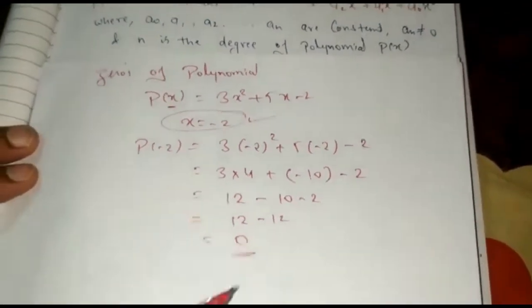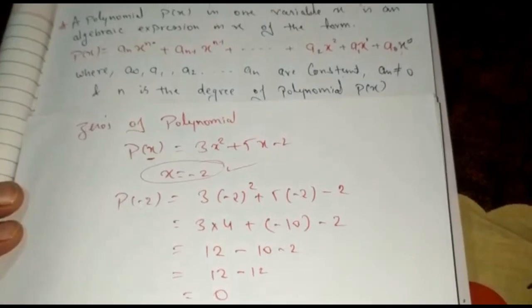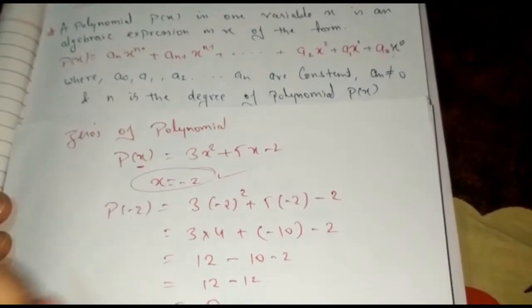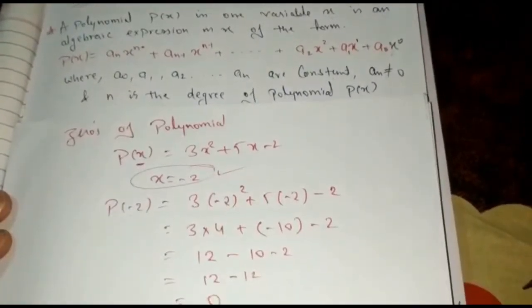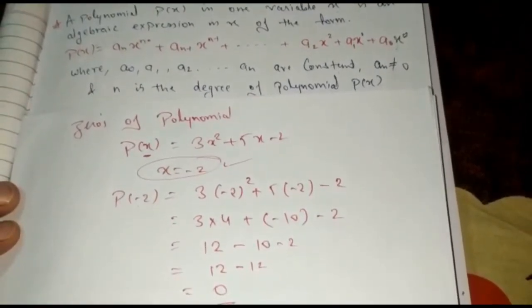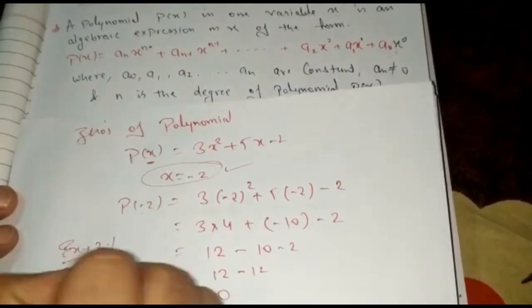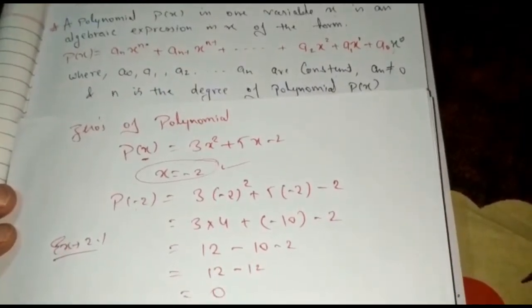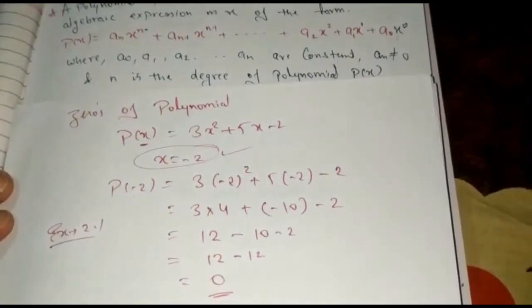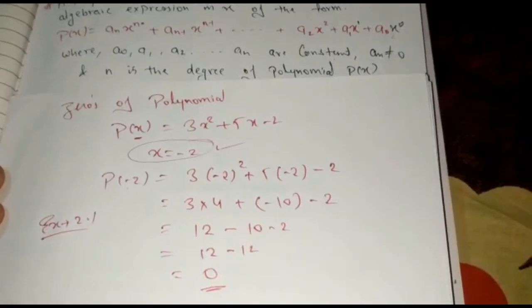This is the way in which we solve it in equation form. How can we find the zeros of any polynomial with the help of a graphical or geometrical method? In class 10th, in exercise 2.1, we are discussing how to find the zeros of a polynomial with the help of a graph.